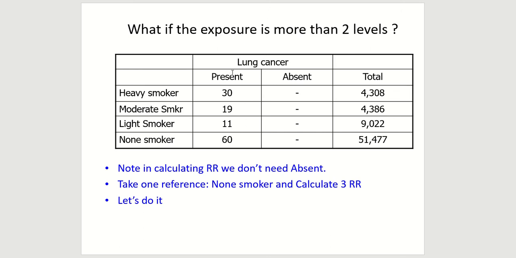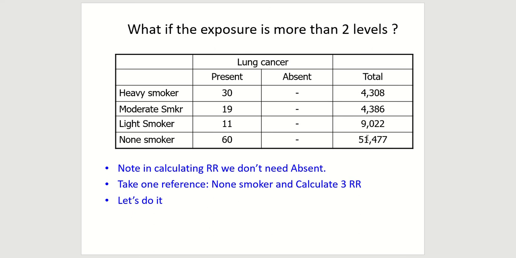And the first column is the incidence of lung cancer for every group. Still, we're dealing with the cohort. The total of heavy smokers is 4,308, the moderate smokers 4,386, and for light smokers 9,022.